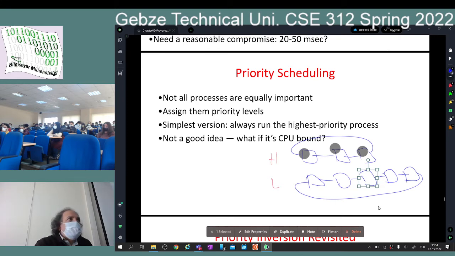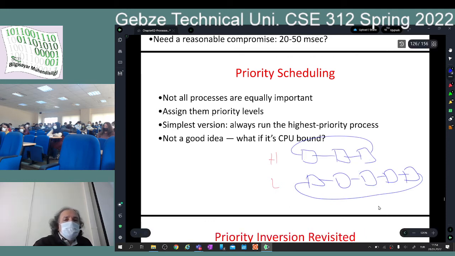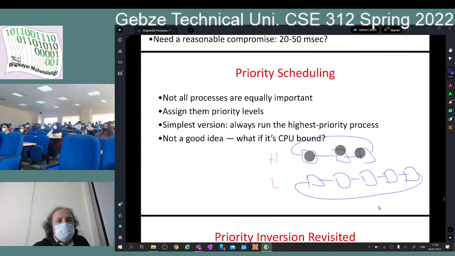But since it is preemptive, after a short while it will be suspended and put in the ready queue. Maybe the low priority jobs can take over after that. So keep longer quantum times for these, shorter ones for these. Here, if I am switching between them, I am getting lots of context switch time.